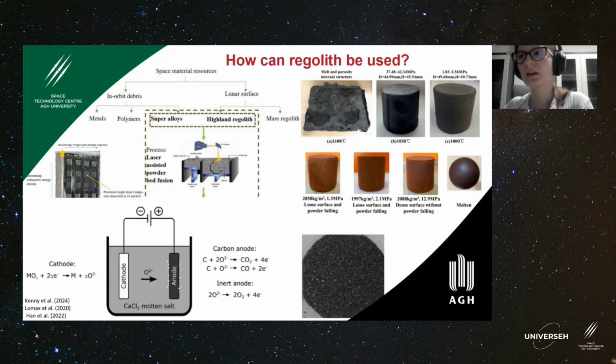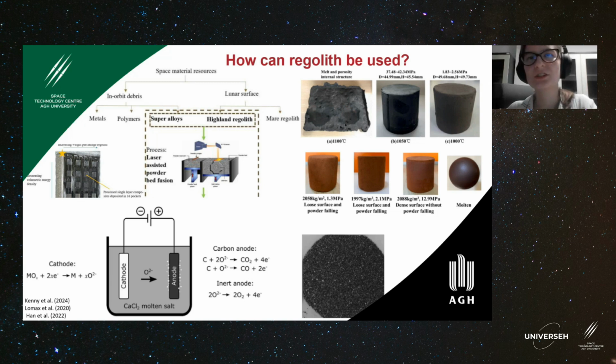When it comes to construction applications of regolith, there are various ideas for regolith sintering, both in vacuum and in conditions with atmosphere.